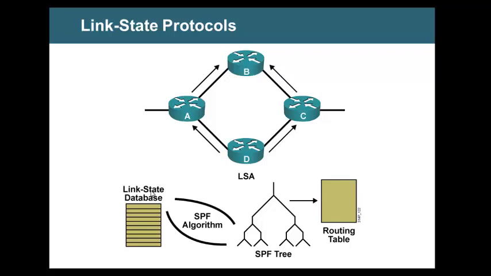But I cannot guarantee that. I'm trying to just interpret this picture. See, the SPF algorithm finds the best path, and OSPF is recommending the path to the routing table. That's what we can say.